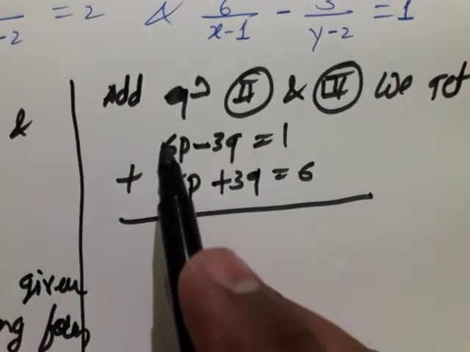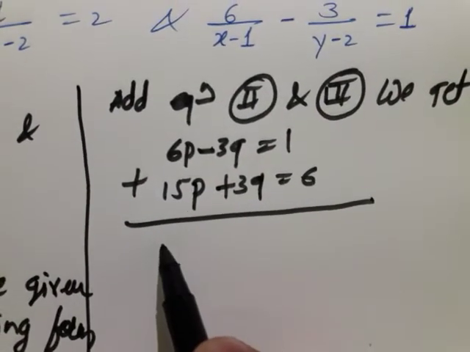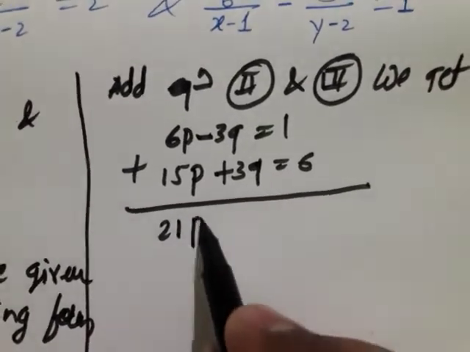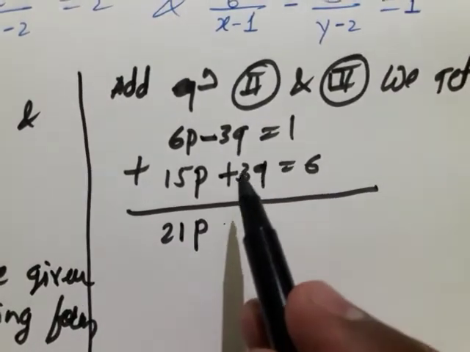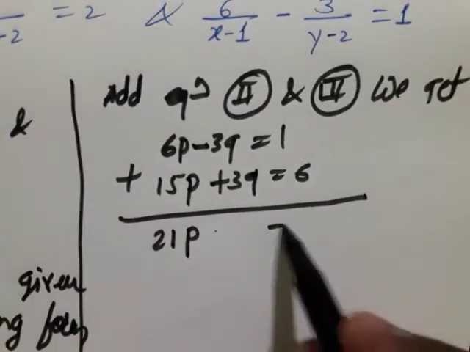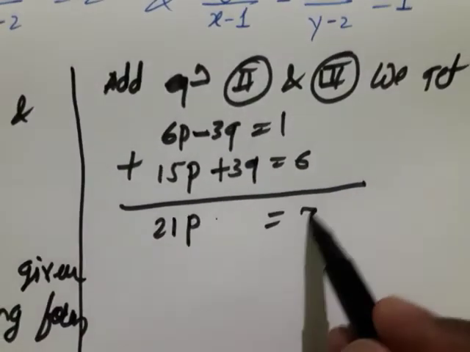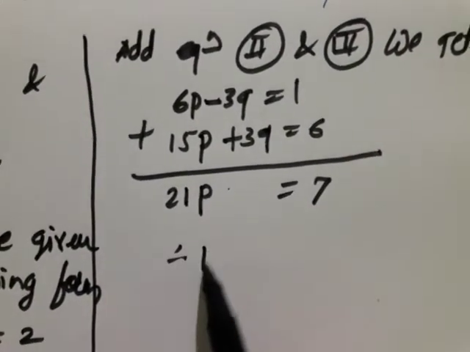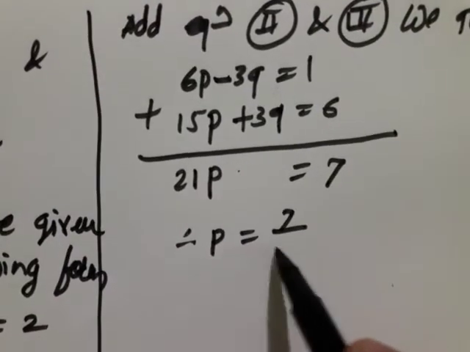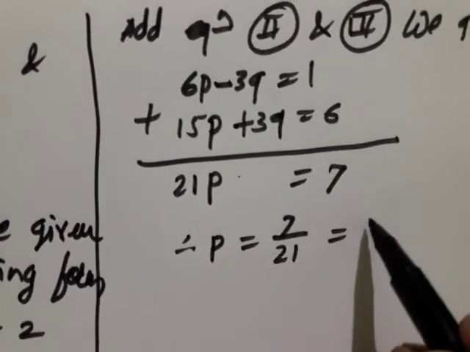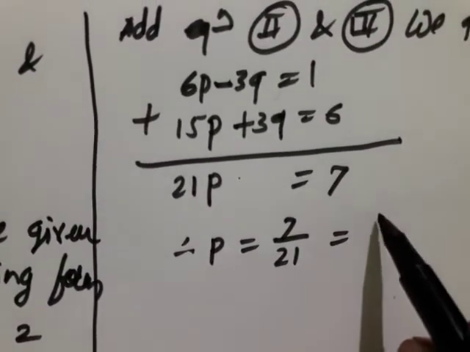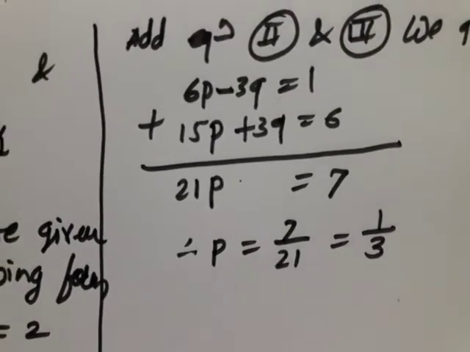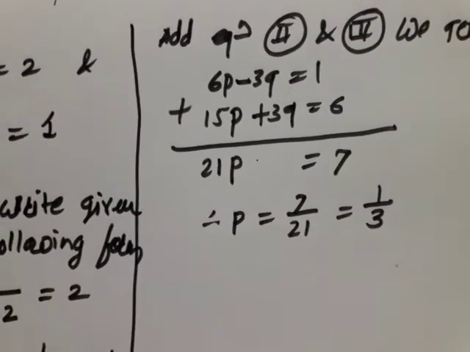Add, 6 plus 15, 21p. Here plus and minus will get cancelled, is equal to 1 plus 6, 7. Here we can find p. P is equal to 7 upon 21, that is equal to 7 1s are 7, 7 3s are 21, that is, 1 upon 3. Got idea?